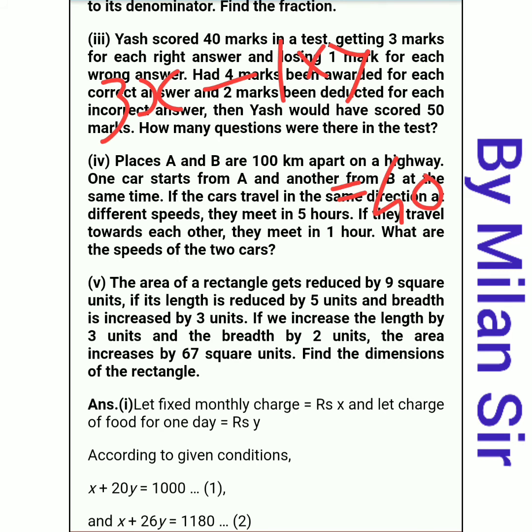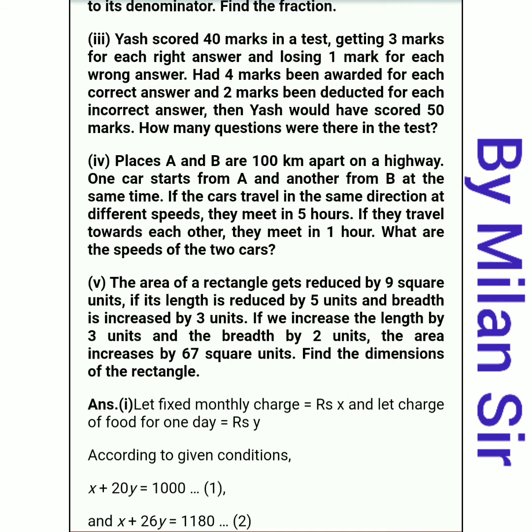So he is getting 3x marks from the correct answers and losing 1y marks from the wrong answers, and the total score is equal to 40. So 3x minus 1y is equal to 40. 3x minus y is equal to 40. This is our equation number 1.